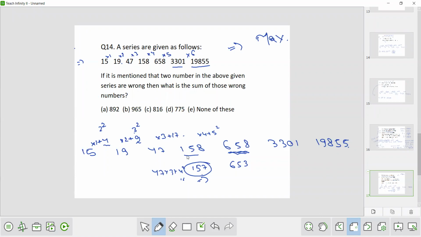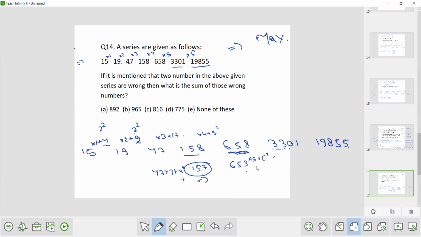Because we know that two numbers are wrong, let's suppose that 158 and 658 are wrong. Now we will check ahead. If we proceed ahead and the result gets correct, we will come to know that 158 and 658 are wrong. So here it is 653 and here it is 3301. What rule will you apply here? You will apply 653 into 5 plus 6 square.